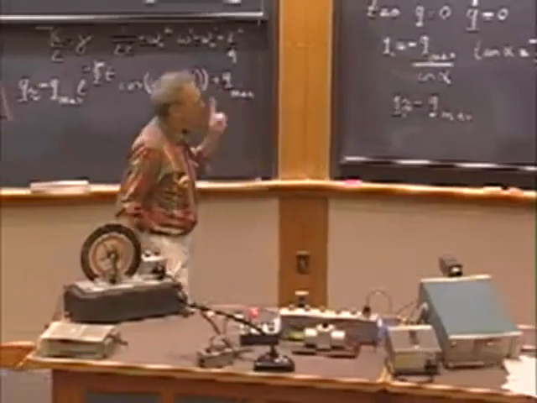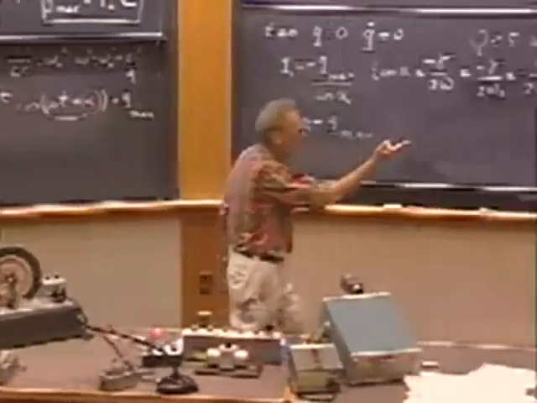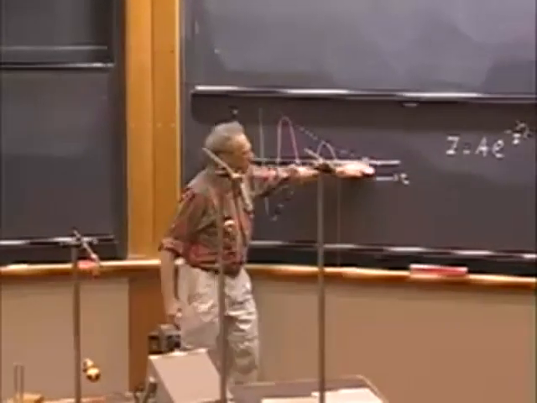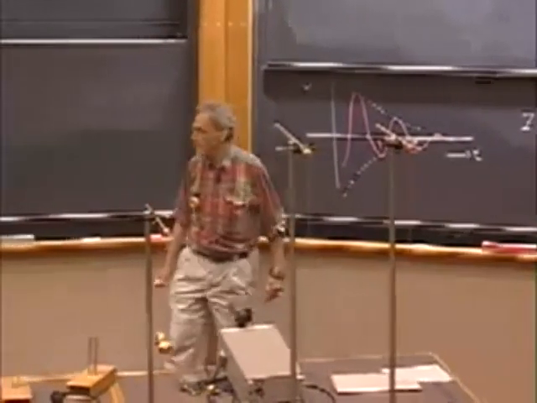If now you want to plot this, you get, of course, something completely similar to what you have here, except that you do not end up at 0. The Q is not 0, but it's offset by this Qmax.